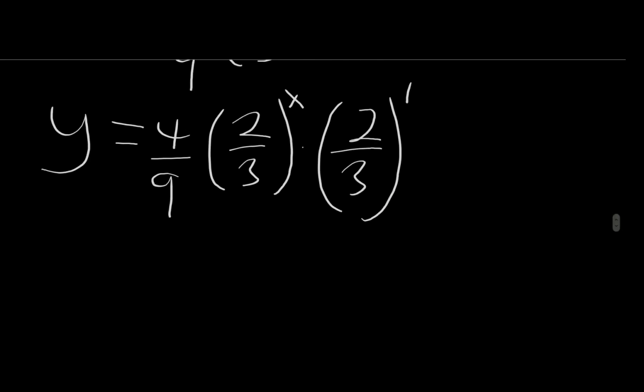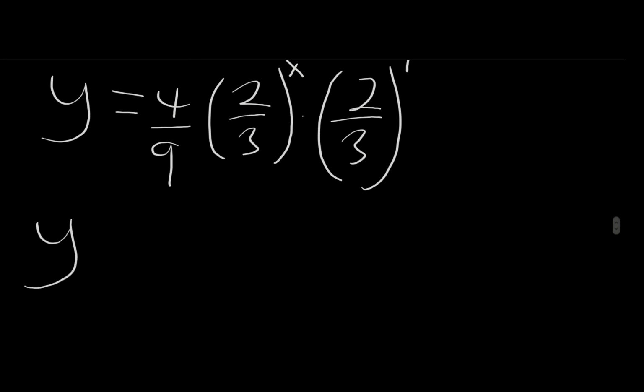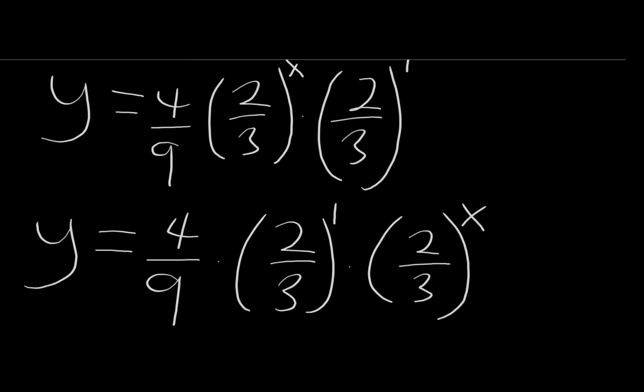Okay, let's proceed. This can also be written as y is equal to 4 divided by 9, and this will multiply 2 divided by 3 exponent 1 times 2 divided by 3 exponent x.